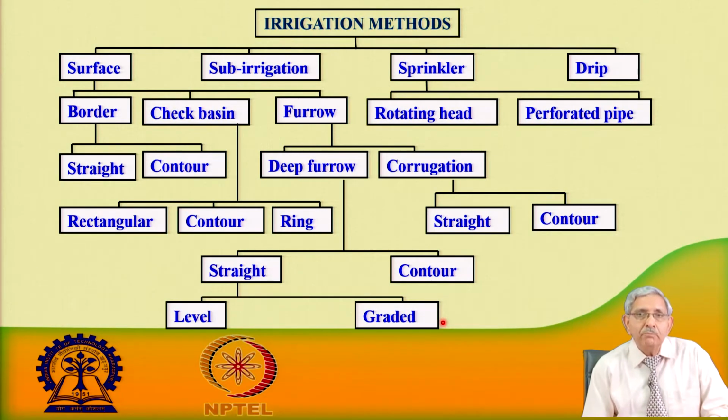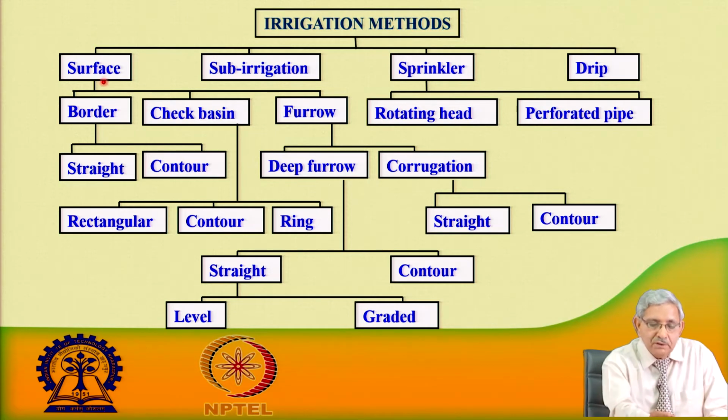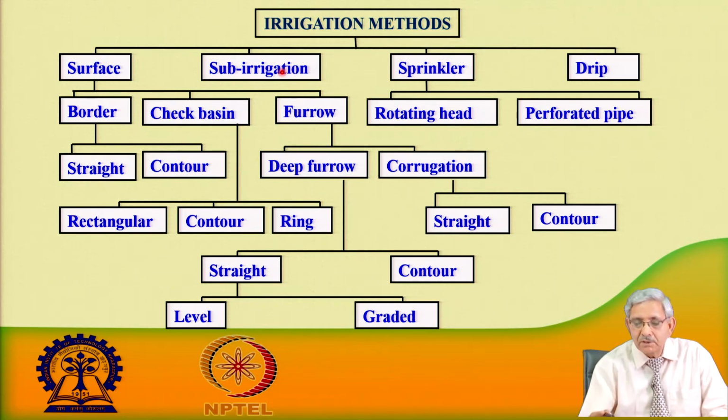So, when we broadly classify irrigation methods, we can put surface irrigation, sub irrigation, sprinkler irrigation and drip irrigation.